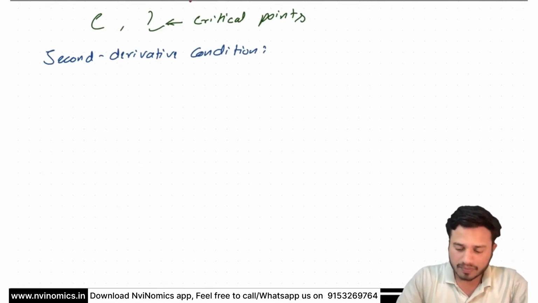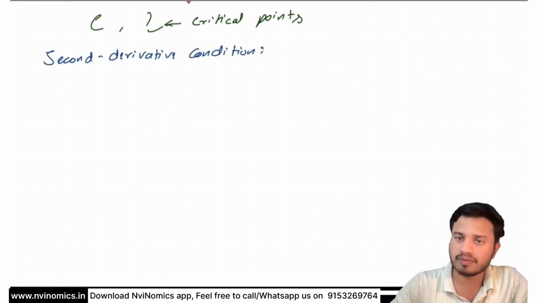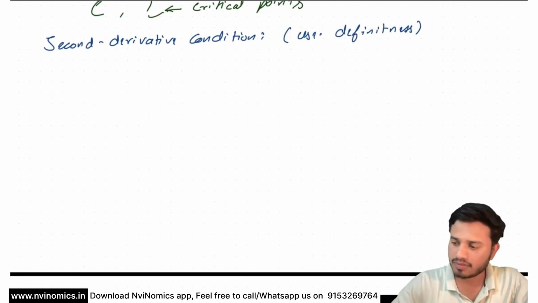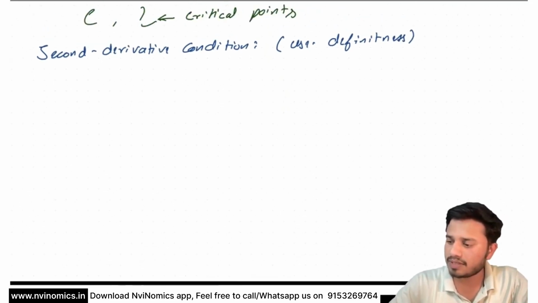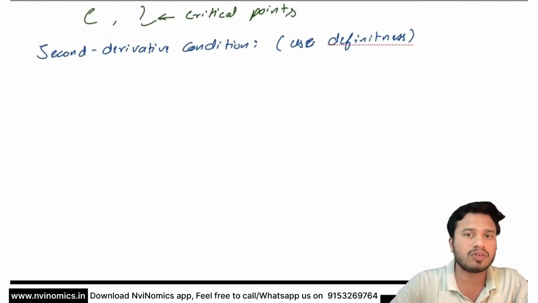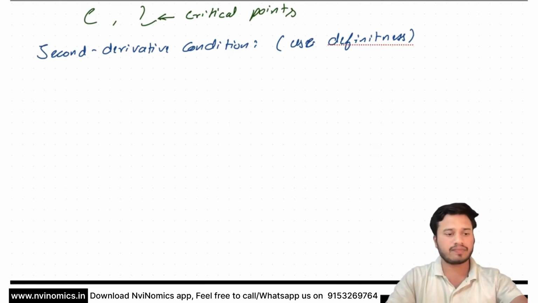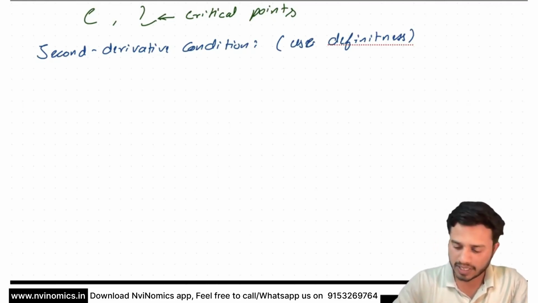We will use the definiteness of the matrix. I remember one day someone asked me what the criteria are for finding if a symmetric matrix is positive definite or negative definite. There was one called the Sylvester criteria, if you remember. That's what I'm going to tell you.